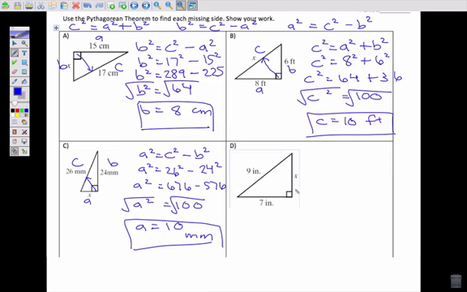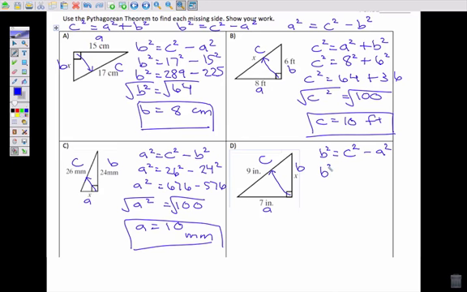Okay, on to the next. Again, across from my right angle is my C side. I'm going to call 7 my A and X my B. So that means that B squared, that's the one I'm trying to find, is equal to the big one, C squared, minus the other small one, squared.